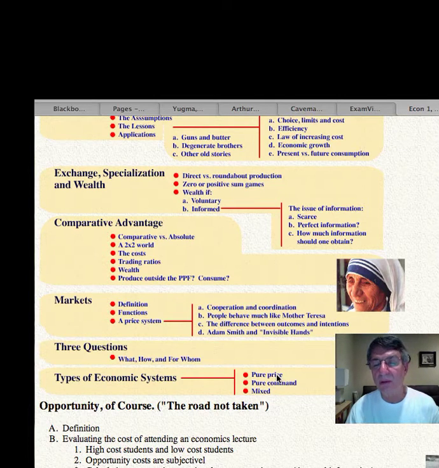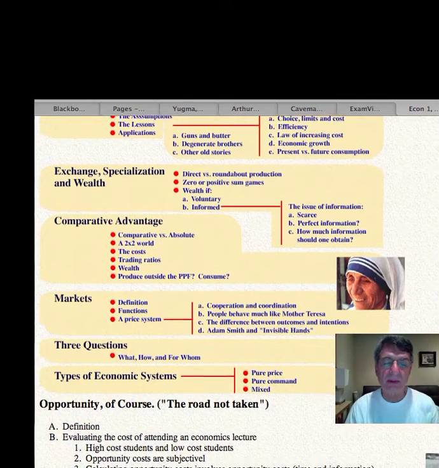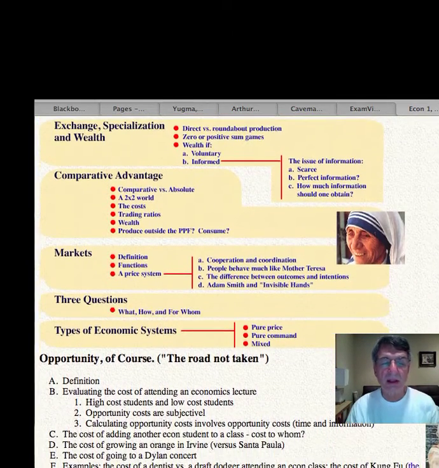There are no pure price systems or market systems or capitalist systems, and there are no pure centrally planned systems these days either, except perhaps for North Korea, and now even Cuba is moving off that dime. So all are mixed at this point, mixed in various ways, but it's helpful to understand the extremes, the market system and the command systems, and what the characteristics are.